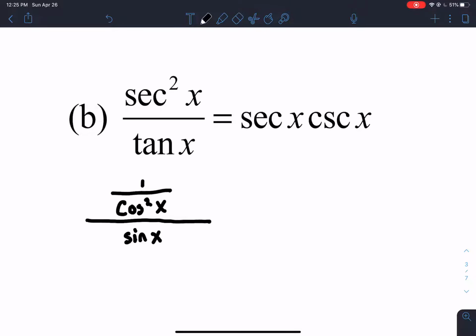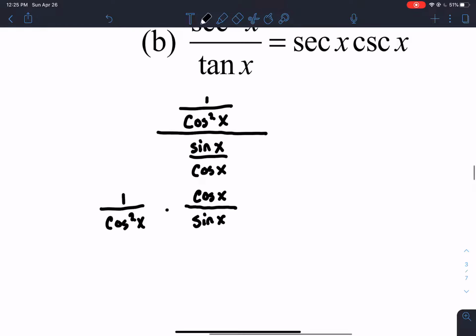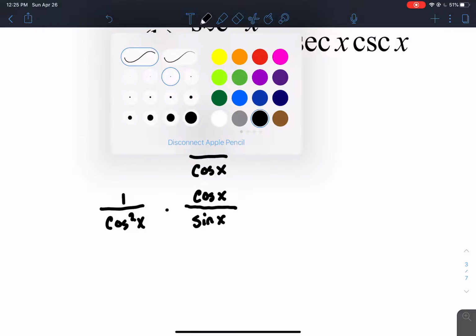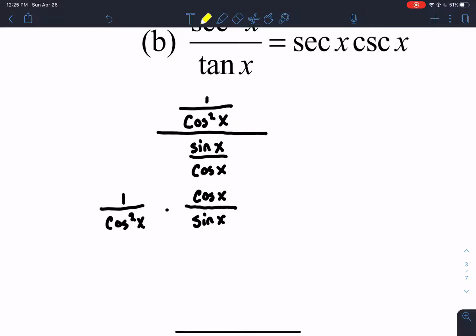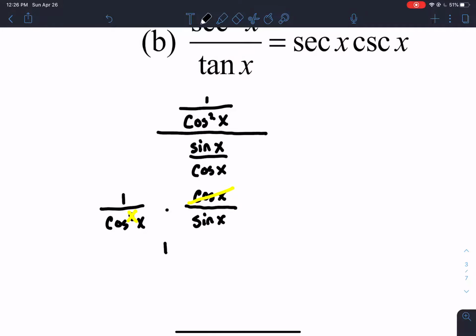Now if I divide that out, I'm going to have 1 over cosine squared times the reciprocal of the denominator, which would be cosine over sine. Now, what could I cancel? This one cosine can cancel out one of these cosines. So that's going to leave me with 1 over cosine times sine.